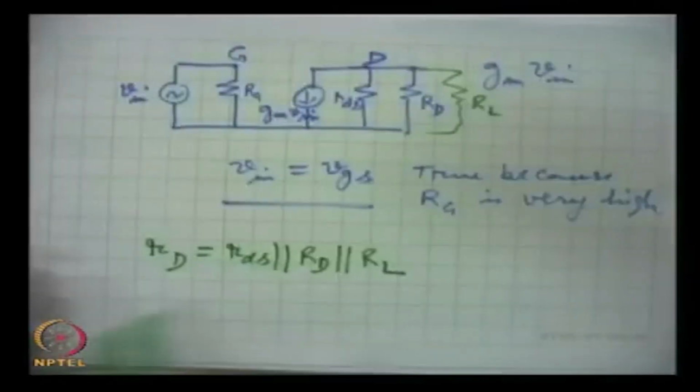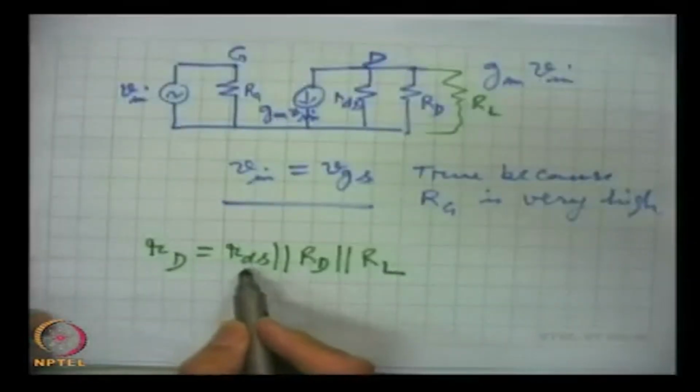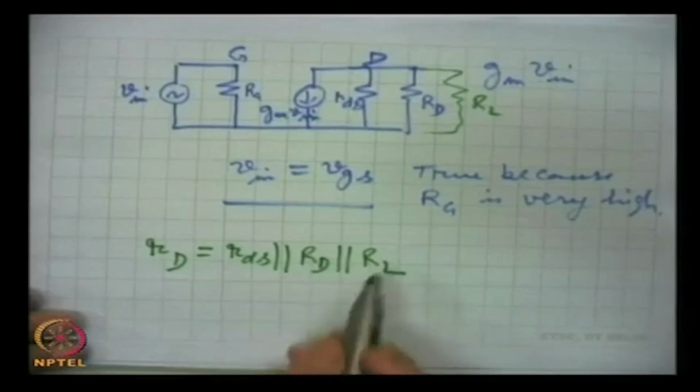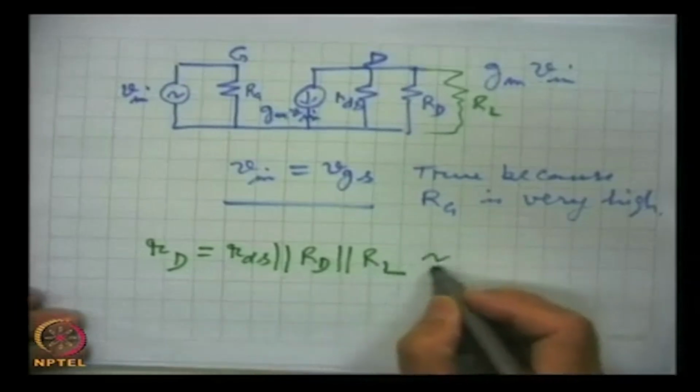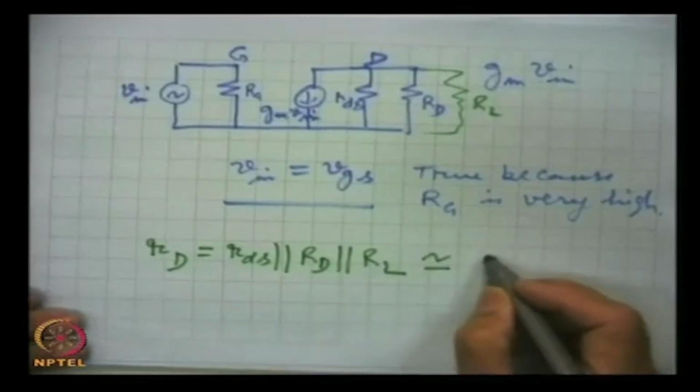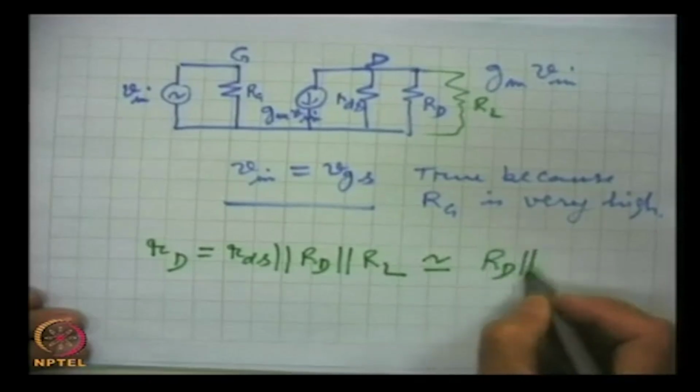Apply the parallel resistance rule and find the effective value. This will be lesser than 1K, but close to 1K. So the highest resistance has the least effect, and the result will be very close to RD.